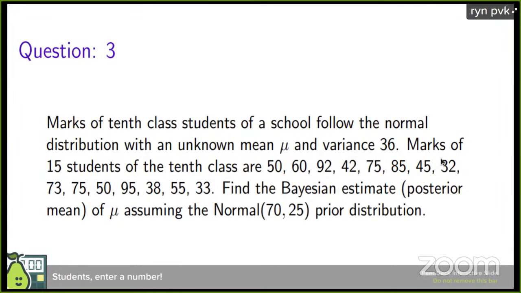If it is a Poisson distribution, how will the product be? What is the Poisson distribution for one sample? It is e to the power minus lambda into lambda to the power x divided by x factorial. The first term e to the power minus lambda, if I multiply n times, is e to the power minus n lambda.